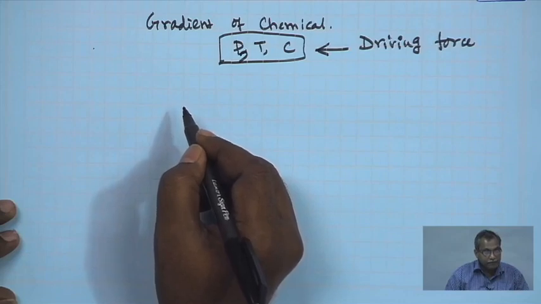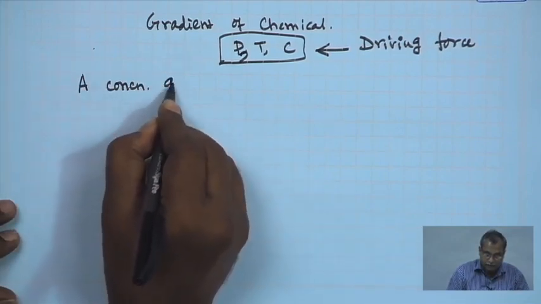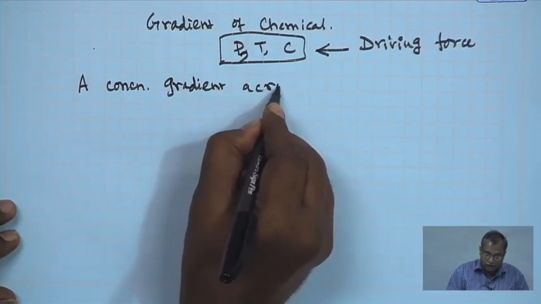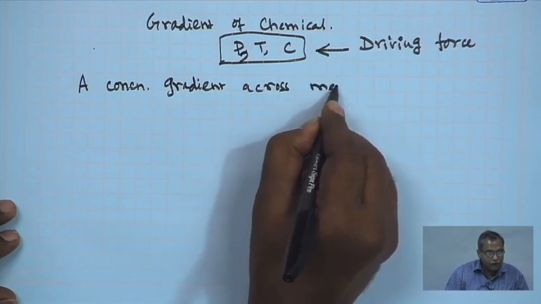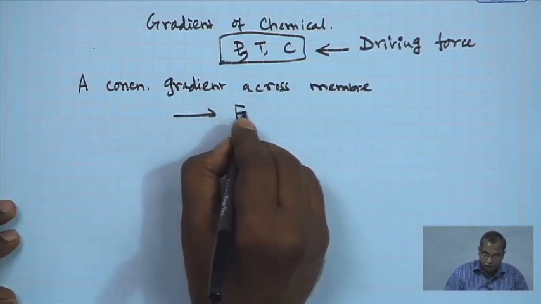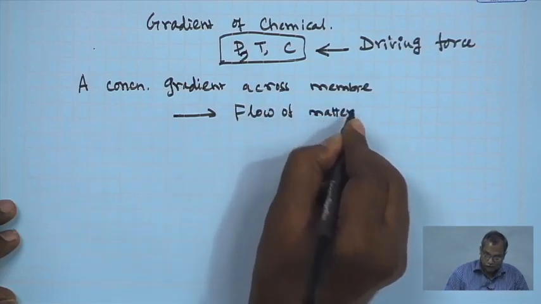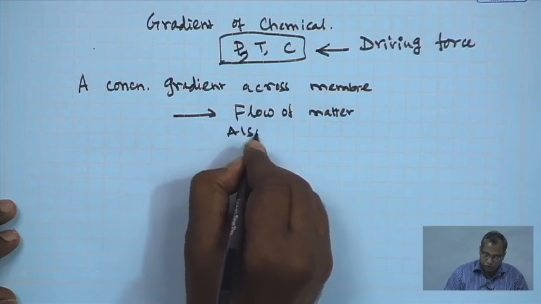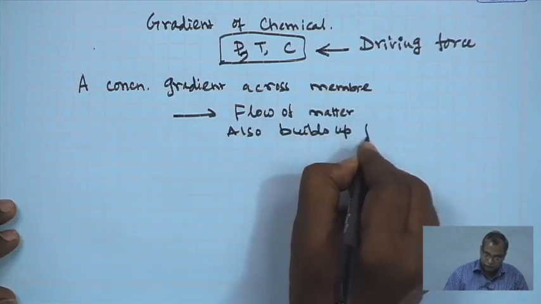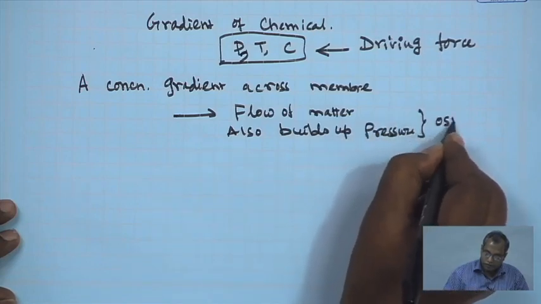Thus, a concentration difference across the membrane leads to flow of matter, and also builds up pressure. The example is osmosis.